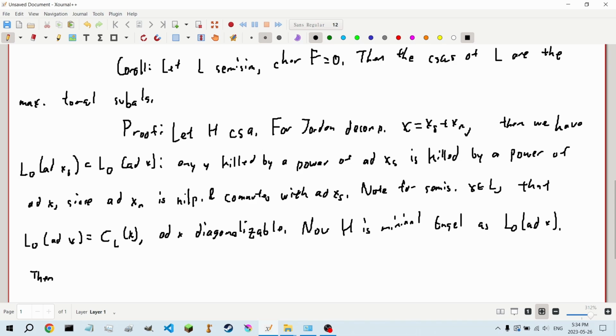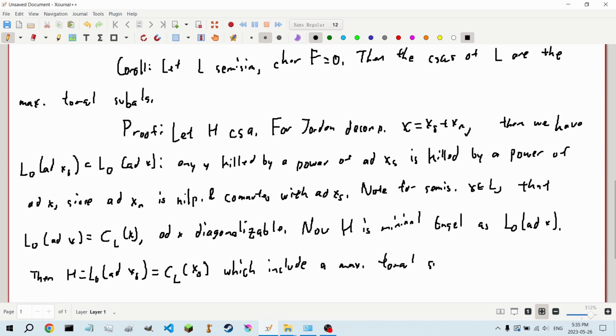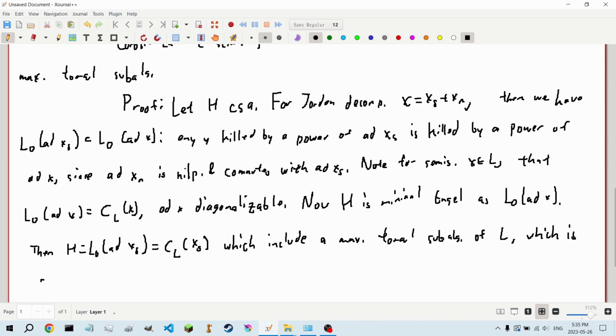And then we have that H, being L0 of the adjoint of x, is semi-simple, which gives us the centralizer of x, which must include a maximal toral subalgebra of L, which is itself a Cartan subalgebra, hence is a minimal engel subalgebra.